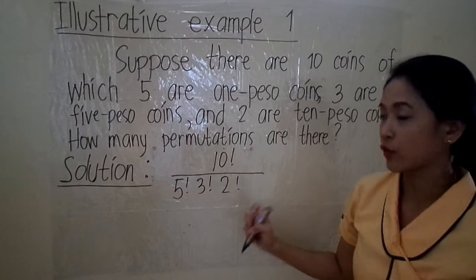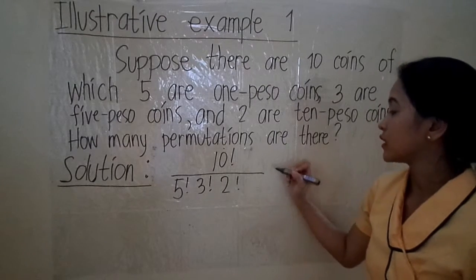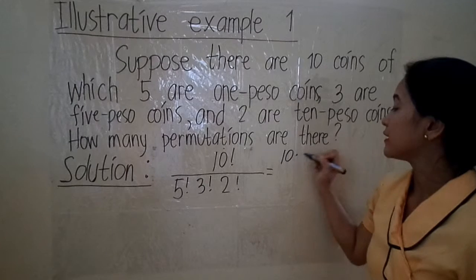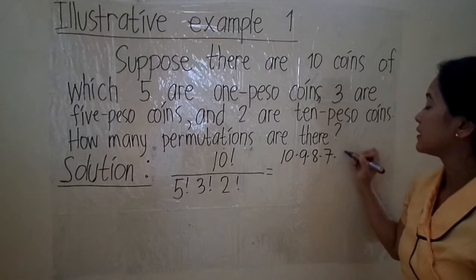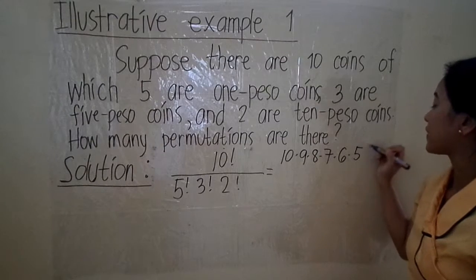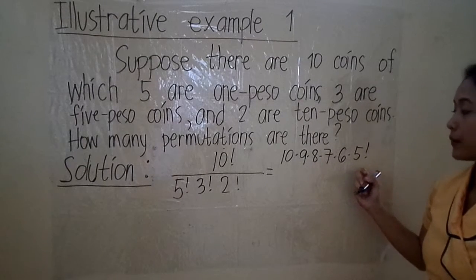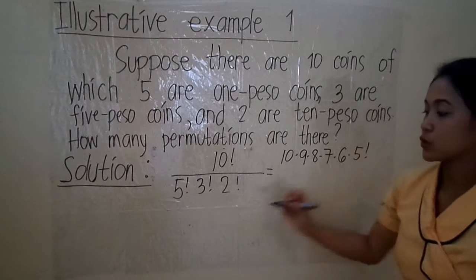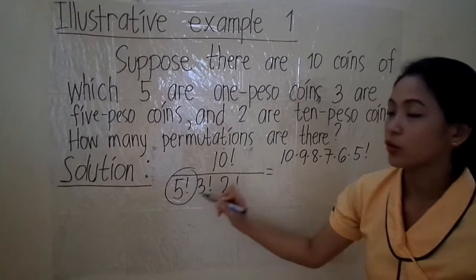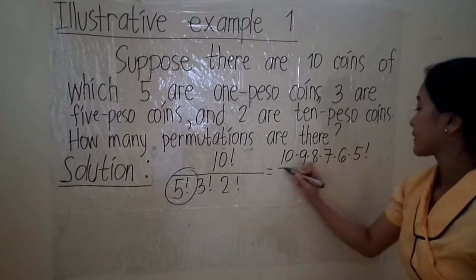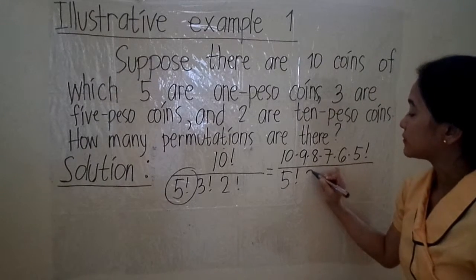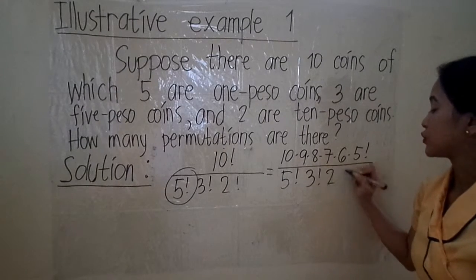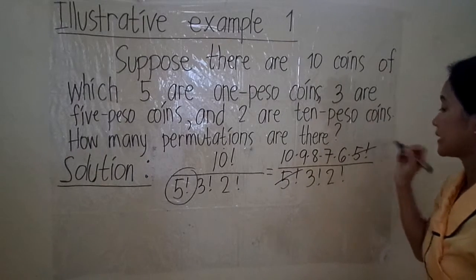where its denominator are the different types of coins. So this can be written also as 10 times 9 times 8 times 7 times 6 times 5 factorial. So we will end up with 5 factorial since we can now divide 5 factorial from its denominator, 5 factorial times 3 factorial times 2 factorial. So we can now cancel it out.